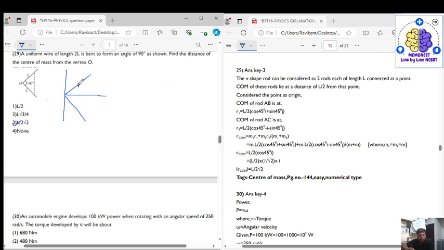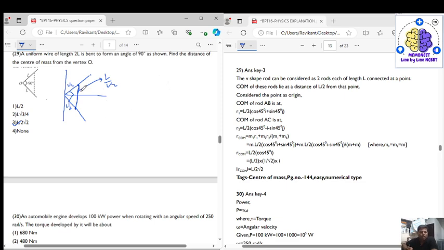If length of the rod is L, this will be equals to L by 2. Again here, the mass at the center of the rod, so this length will be equals to L by 2. And this angle has been given to us as 90 degree. So using Pythagoras theorem, length of this line is L by root 2, right?